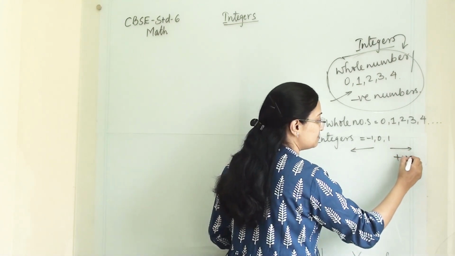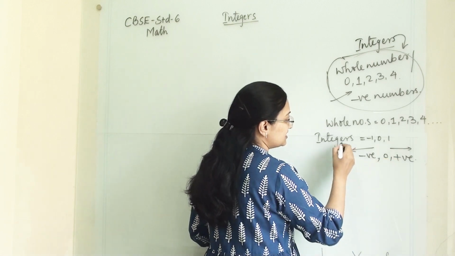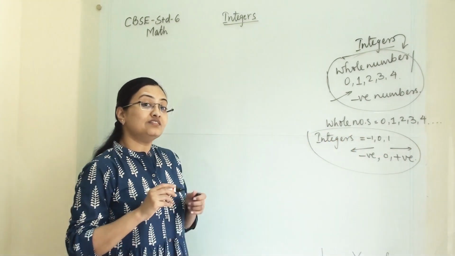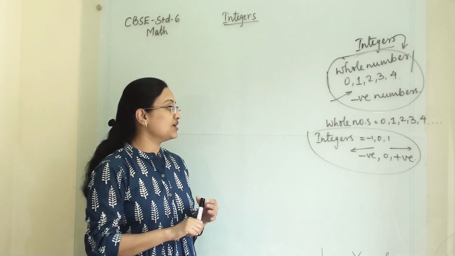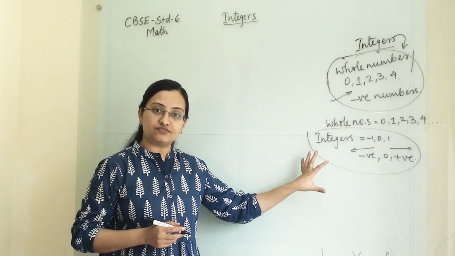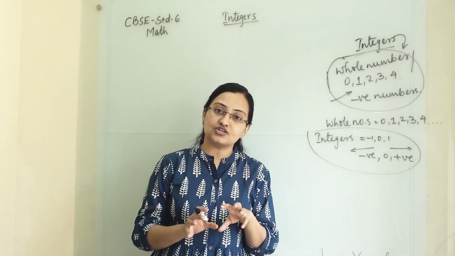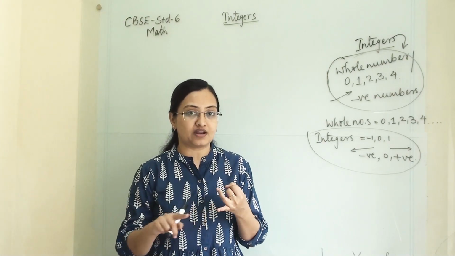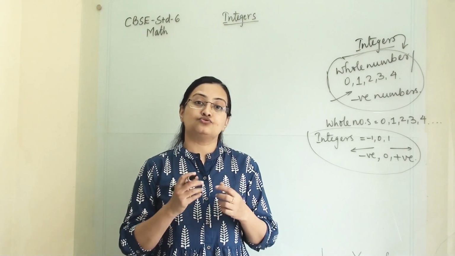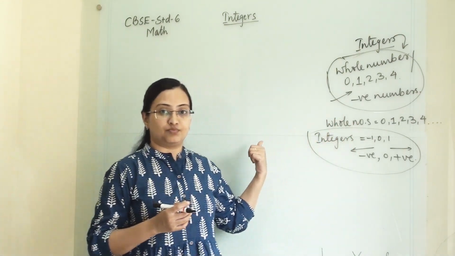All the positive numbers, all the negative numbers along with 0, this bunch of numbers are called integers. So in this chapter, we are going to study integers, properties of integers, and if we perform certain operations on integers, for example subtraction, addition, multiplication, then what kind of result do we get? All these things we are going to study in this chapter.